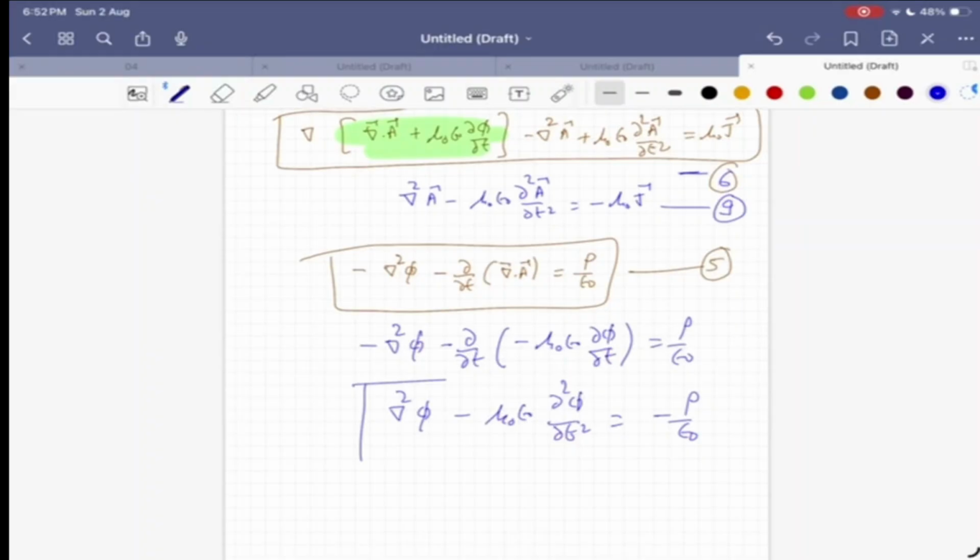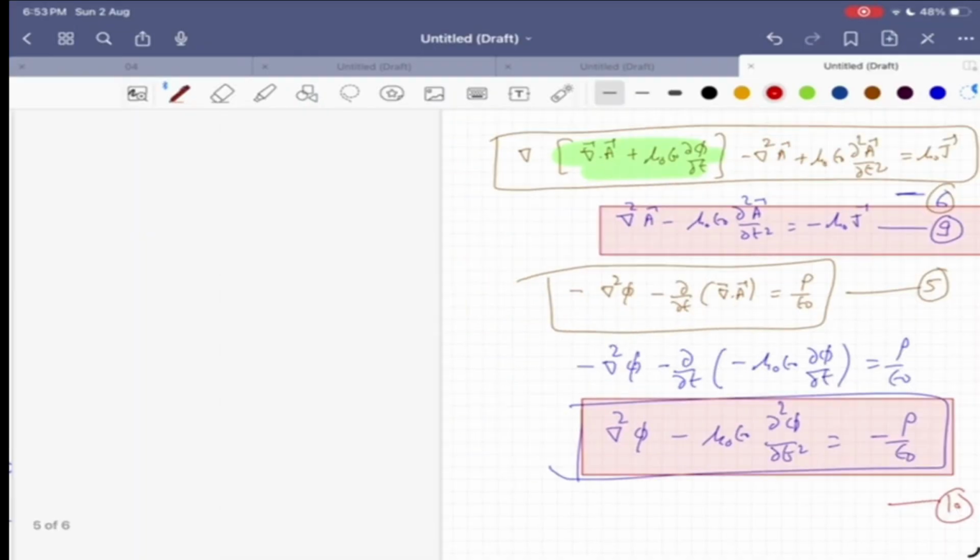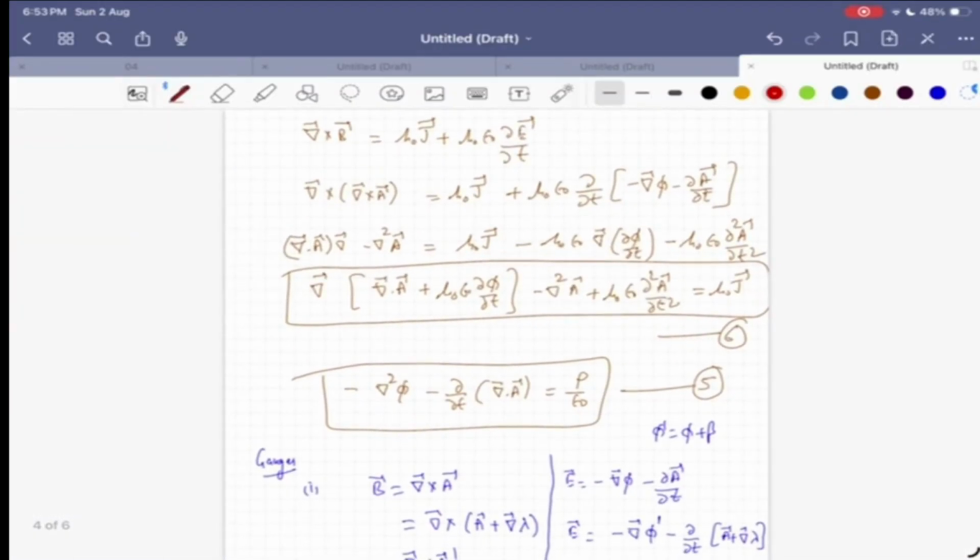If we look at these two equations, 9 and 10, carefully, they look very symmetric. Now they don't look like the awful equations 5 and 6 from earlier.